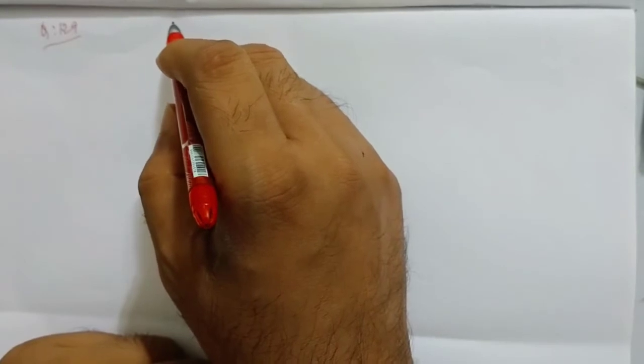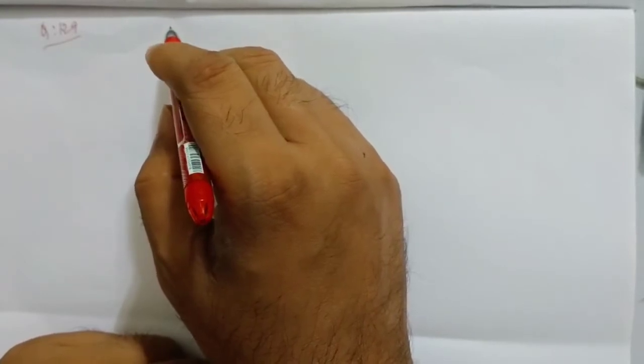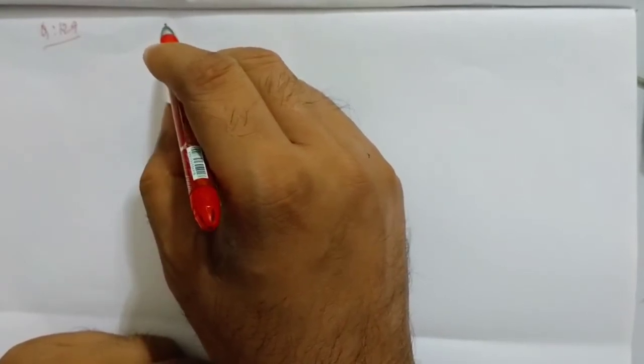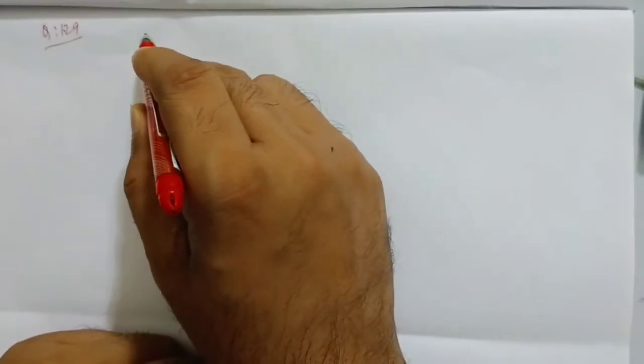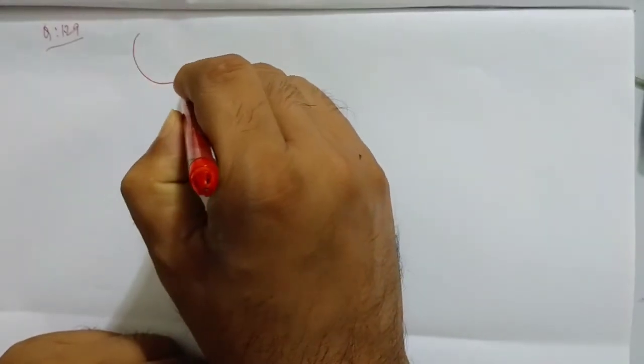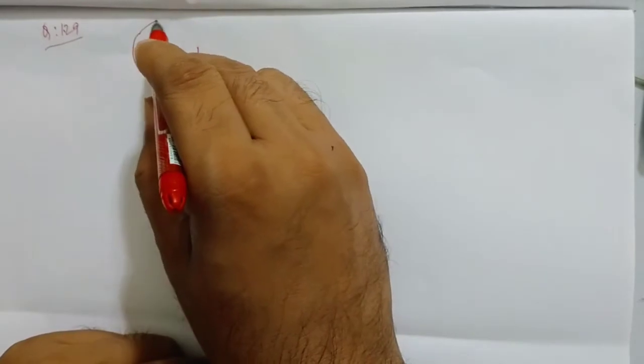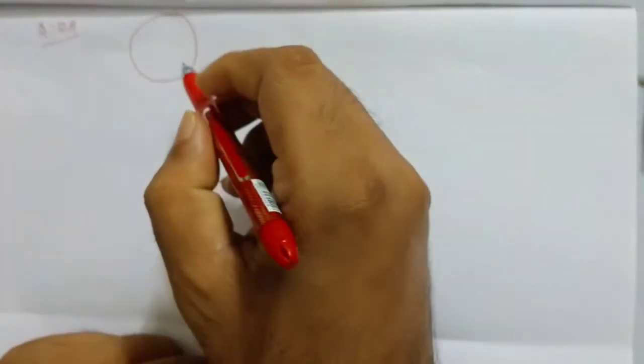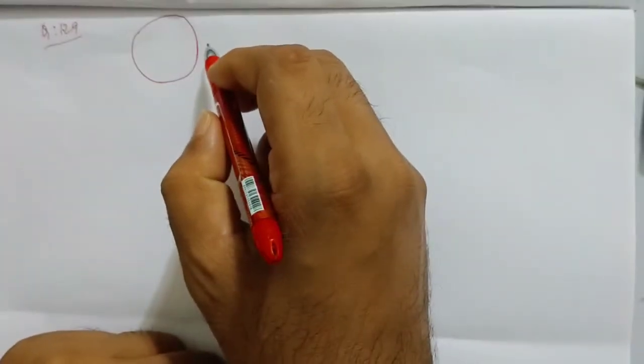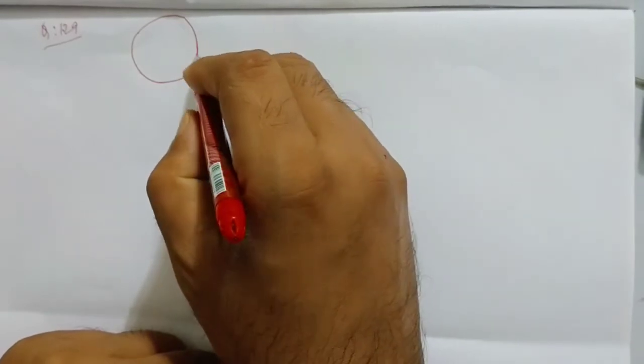they don't give us the shape, so we can take it arbitrarily as per our wish. Suppose one spherical conductor we take like this, okay, and one tiny hole on the surface.